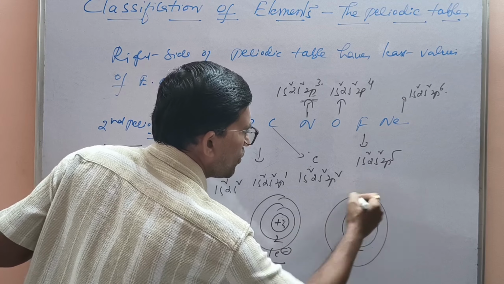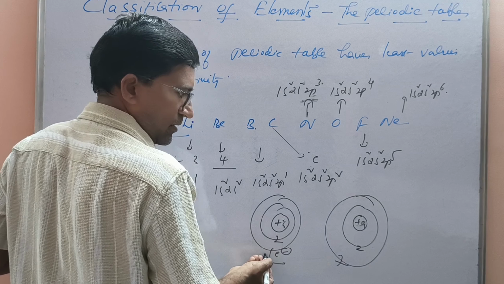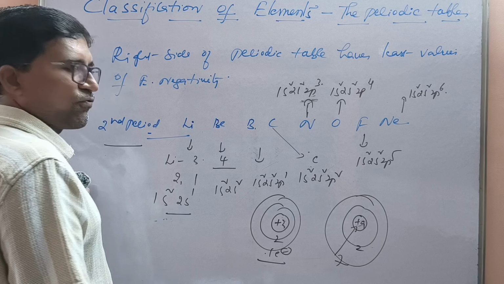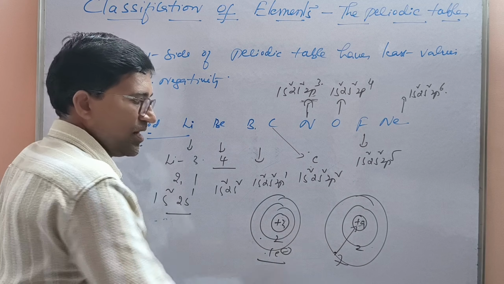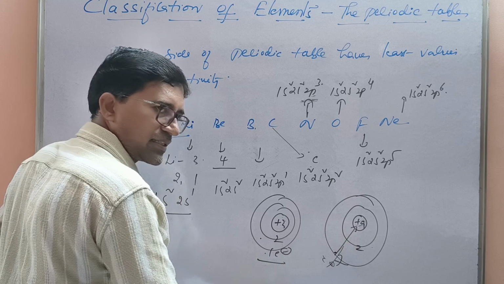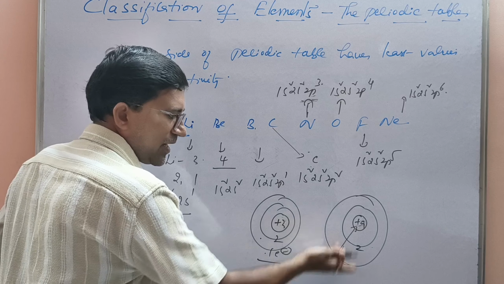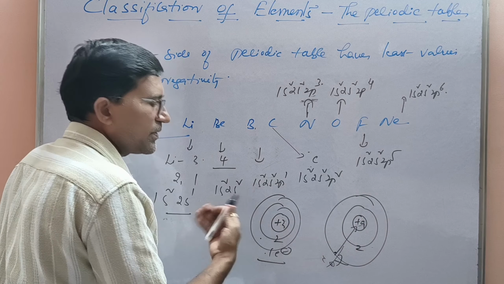Fluorine has 7 electrons in the last shell, and in the nucleus we have 9 protons, 9 positive charges. Compared with lithium, the attractive force towards the nucleus is more in fluorine. If I give one more electron, it readily takes it. Hence, the electron-gaining ability of fluorine is more compared with lithium, as the size is less. Size is decreasing because of more attractive force, so it readily takes the electron.